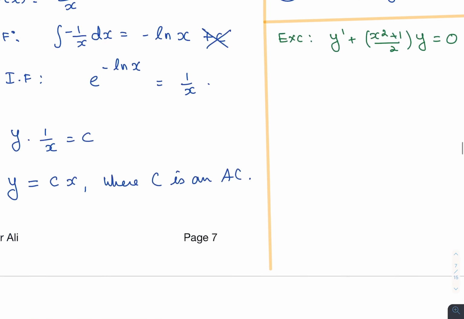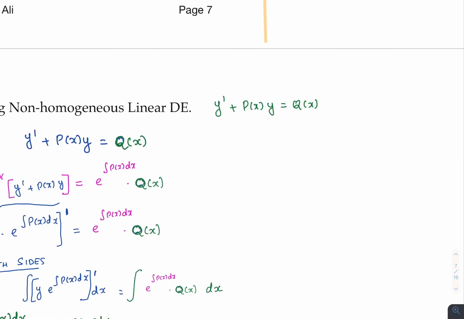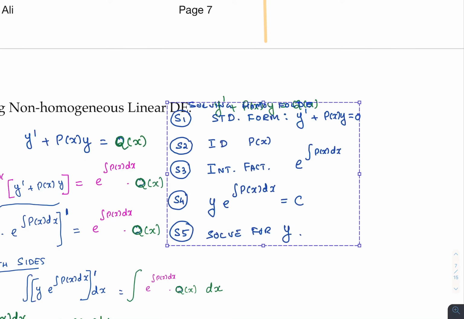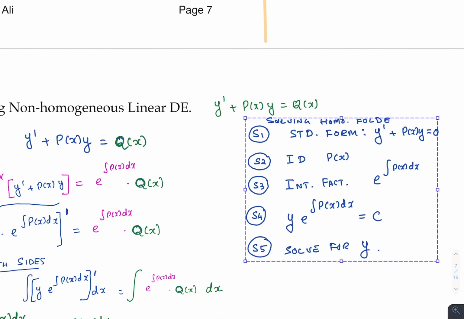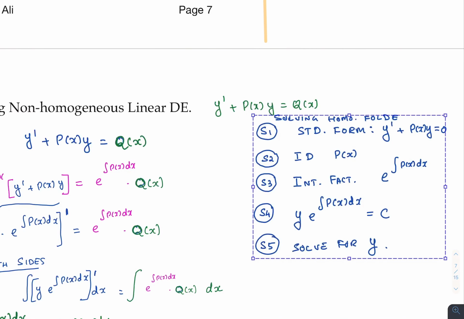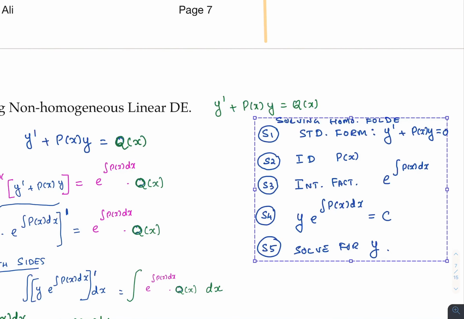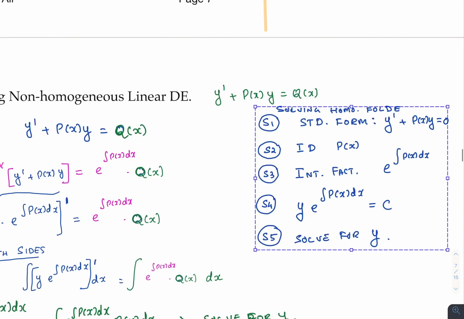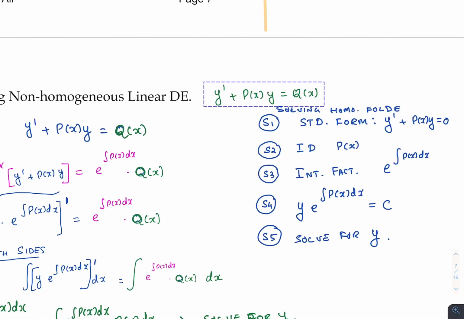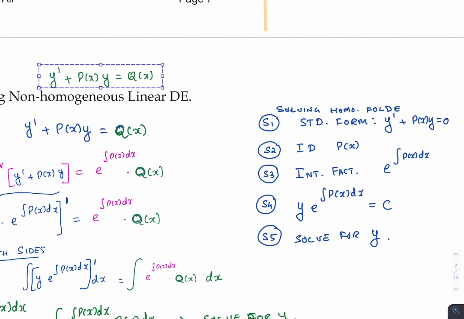The same steps are going to work, except a few things are going to be different. Okay, let me just move this one over here. We don't need this anyway because we already have it on the bottom.